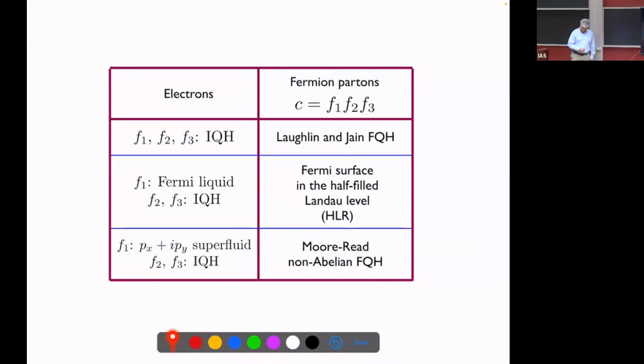What's perhaps not as well known is that you can use this parton construction in addition with all these tricks with gauge theories to get a very well-defined and completely controlled calculation of the low-energy field theory of the quasi-particles, their statistics, and also topological degeneracy on a torus.